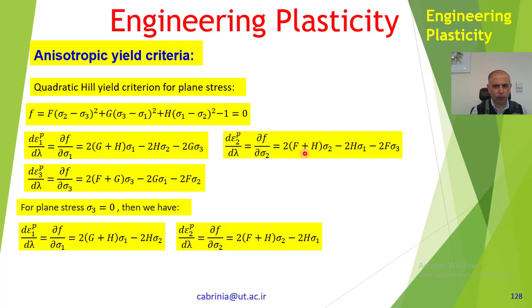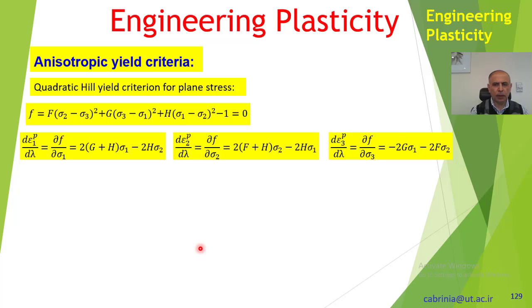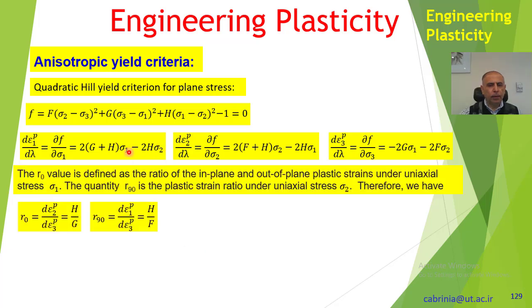So we get 2f plus h, sigma 2 minus 2h, sigma 1, and similarly for the third one we get this one. Since sigma 3 is equal to 0, all of this minus sign we have here.